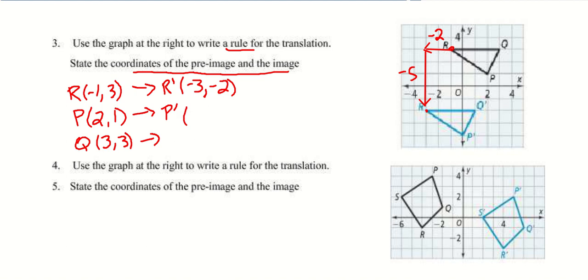Okay, P prime is 0, comma, and then 1, 2, 3, -4. And then R prime is -3, that's 3 to the left, and then down 2.